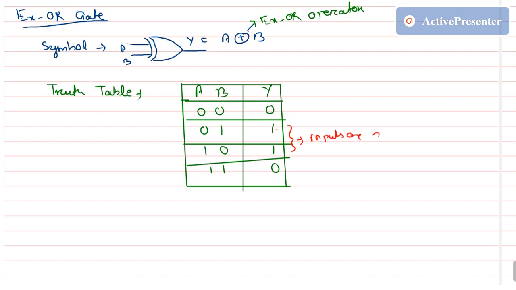Different means one is 0, another is 1, so they are not the same. But you get the output as 0 when inputs are the same. So this is the case. So next thing is logical operation.